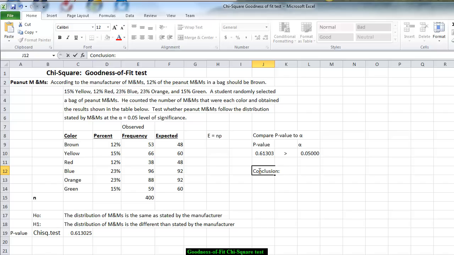For our conclusion, we can say that since the p-value is greater than our alpha, the results are not significant.